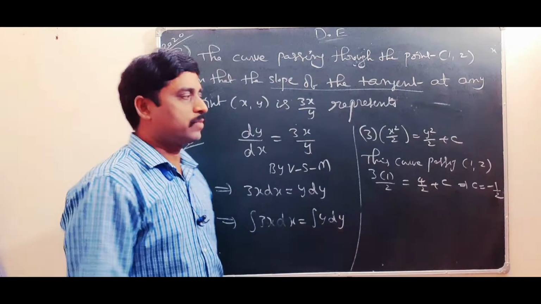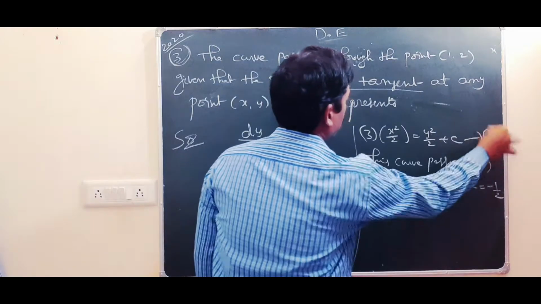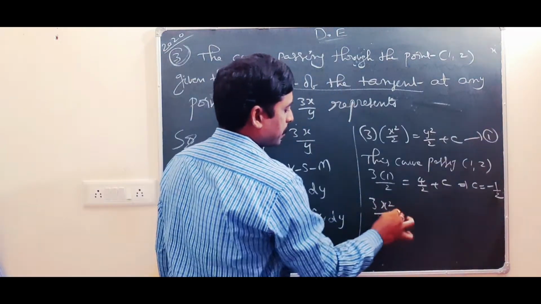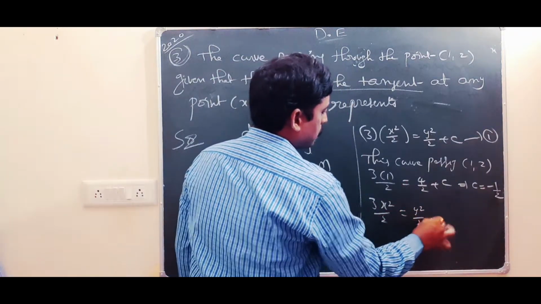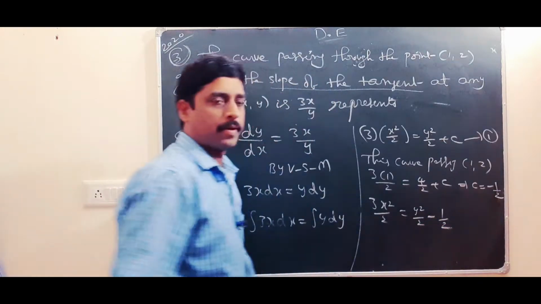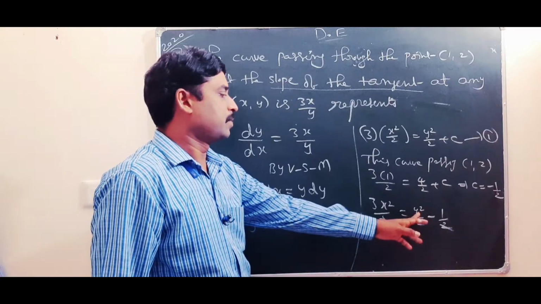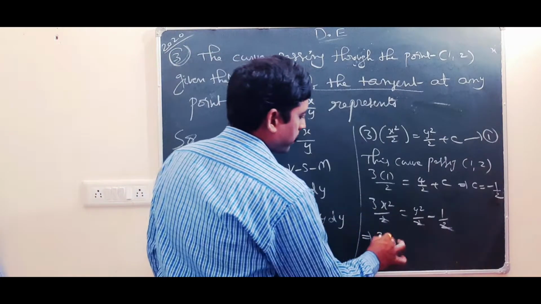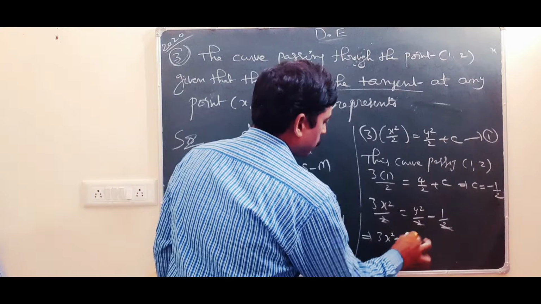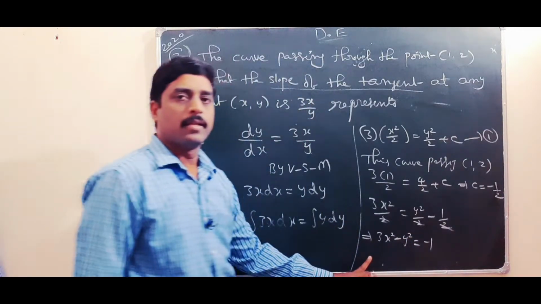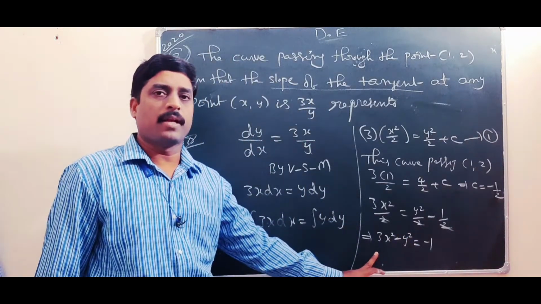Substitute the c value minus 1 by 2 in equation 1. So 3x square by 2 equal to y square by 2 minus 1 by 2. The 2 gets cancelled. Bringing y square to the left side, 3x square minus y square equal to minus 1. This curve represents a rectangular hyperbola.